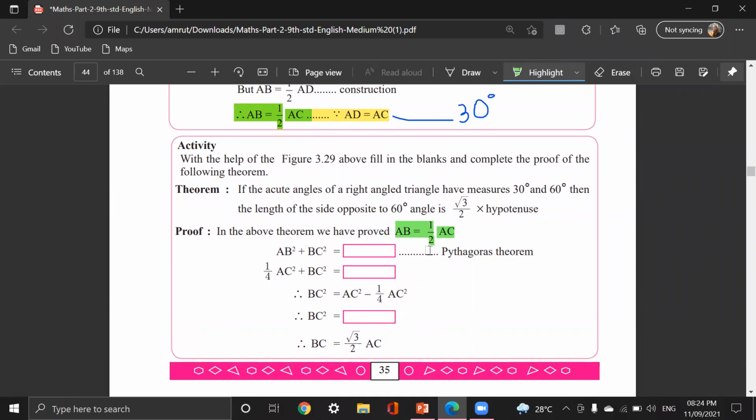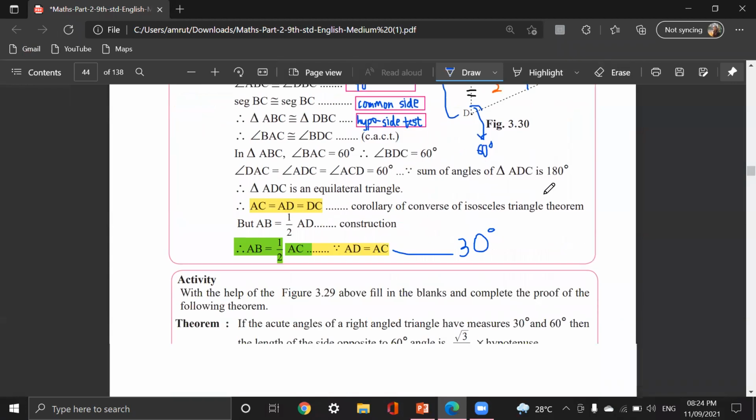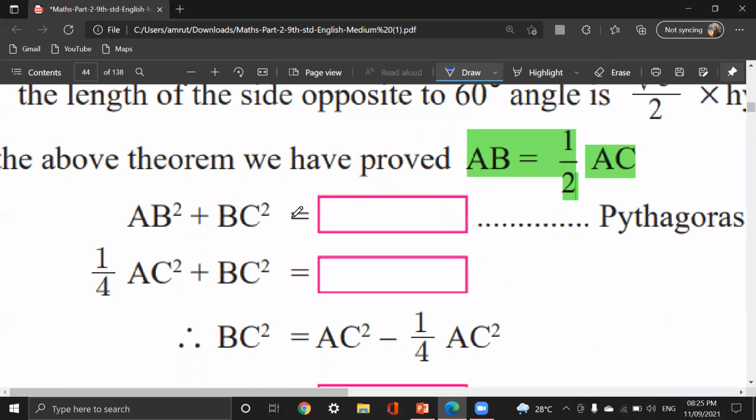I'll erase this part so that you don't get confused. In triangle ABC, if we use the Pythagoras theorem, hypotenuse square, where the hypotenuse is AC, is equal to side 1 square plus side 2 square. So AC square is equal to AB square plus BC square. So I'll write AB square plus BC square is equal to AC square.